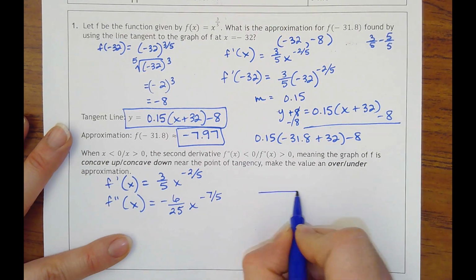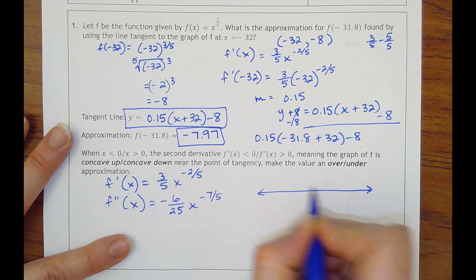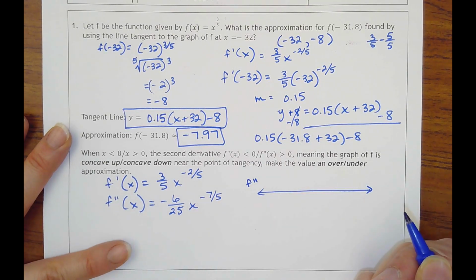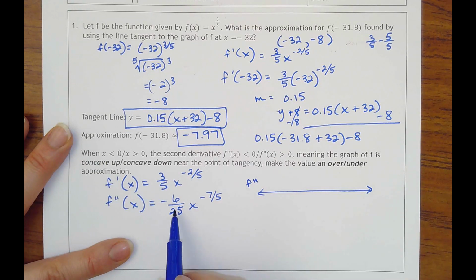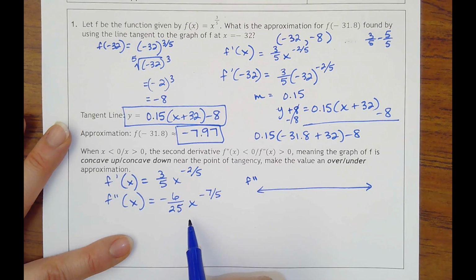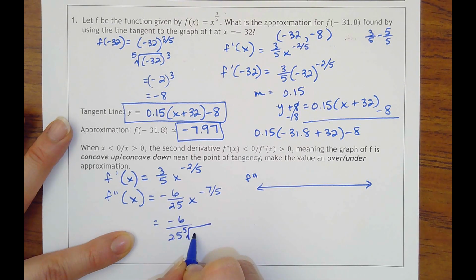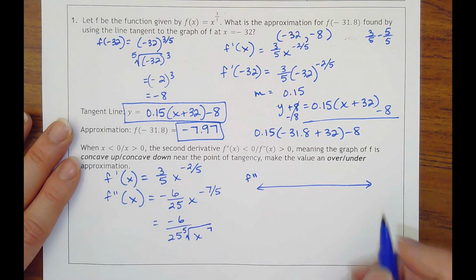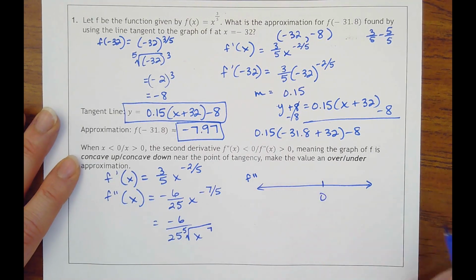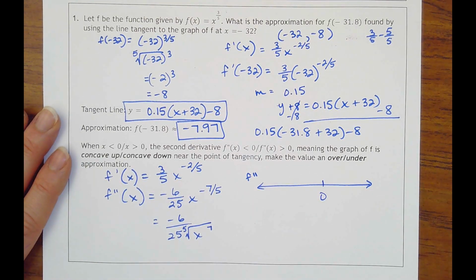And then I will make a sign chart for my second derivative. This function cannot be factored. It's just one term. So there's no factors. All we're going to have is at 0, maybe something will change.